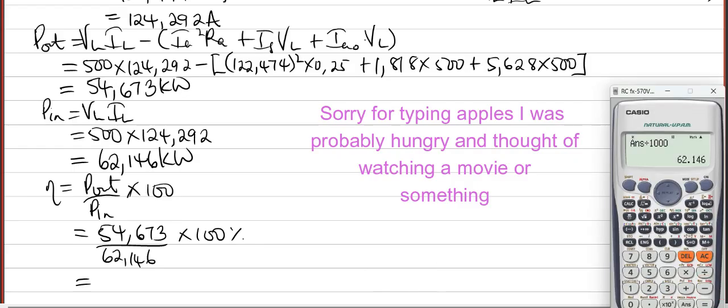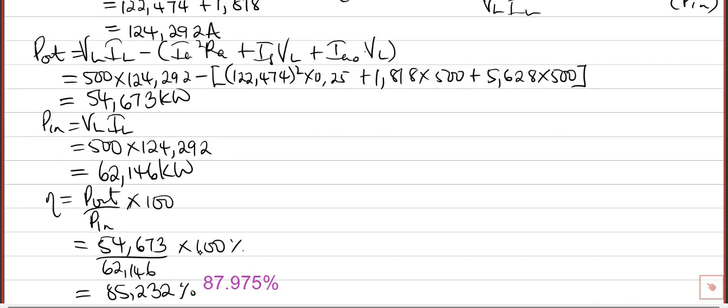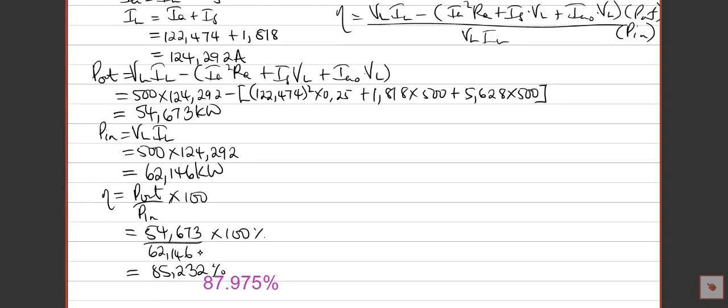We now have, let's substitute 54,673 divided by 62,146 times 100%. We have 85,232%. And our calculation ends here.